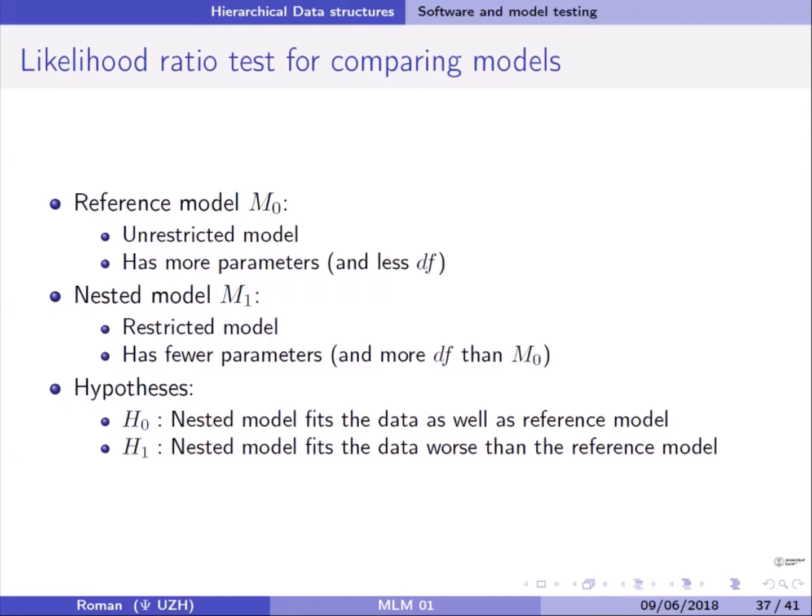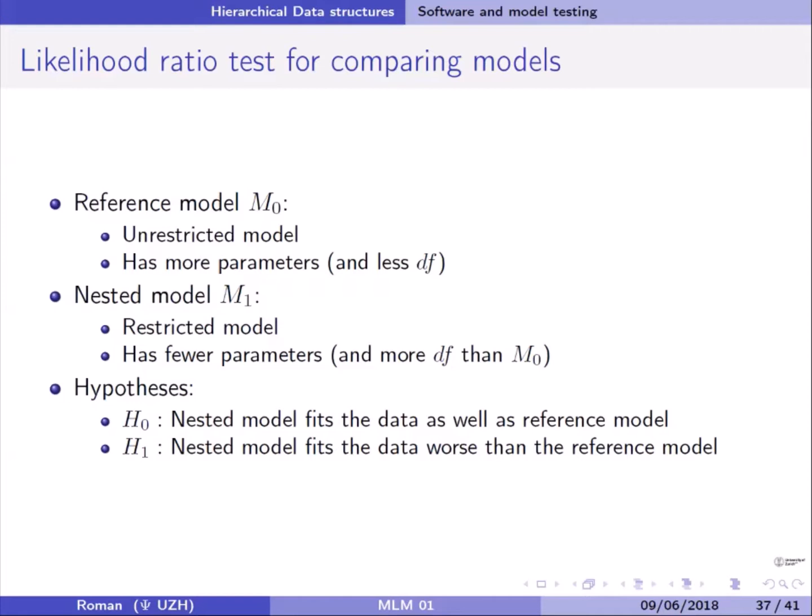The hypotheses. Our null hypothesis will be that the nested model fits the data equally as well as the reference model, or the unrestricted model. So again, what we're saying here, in other words, is that removing a random effect or a variable from the model will not result in any difference to the model. The model will fit the data equally well. And of course, the alternative is that the nested model fits the data worse than the reference model.